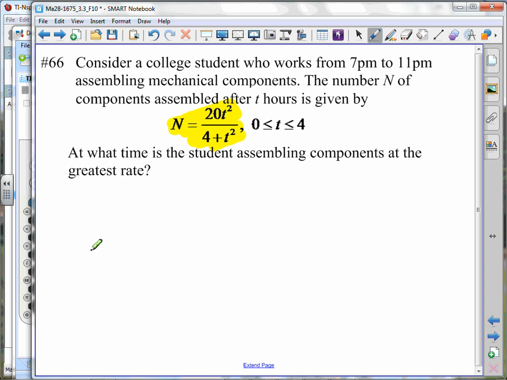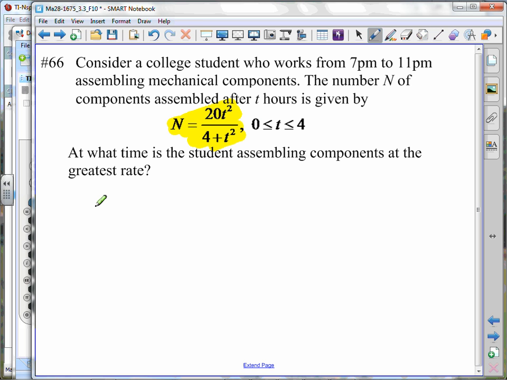At what time is the student assembling components at the greatest rate? What do you think you need to determine? The derivative. And when you're considering the derivative, you want to know at what rate the components are being assembled, but we want to know what the greatest rate is.